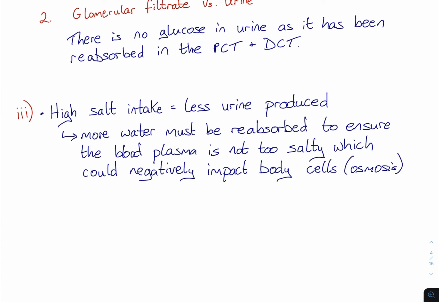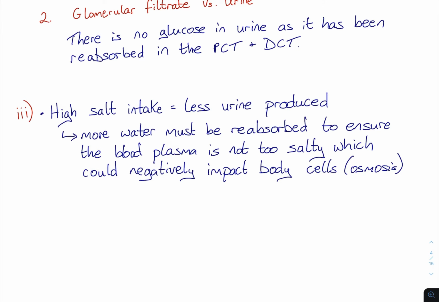So more water must be reabsorbed in the collecting duct and the DCT to ensure that the blood plasma is not too salty. And the more water that's reabsorbed, the less urine produced, everybody.